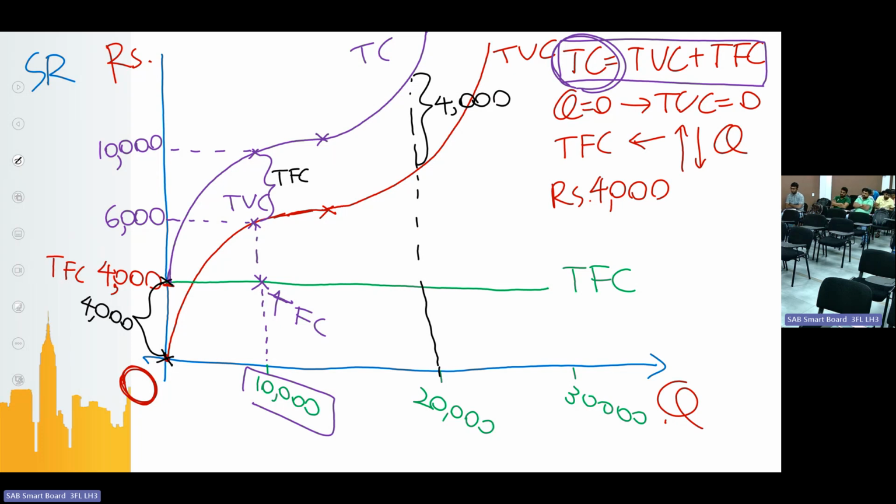Initially, it increases at a decreasing rate, and reaches this point parallel to the total variable cost. And after reaching that point, it starts to increase at an increasing rate. So this is how total fixed cost, total variable cost, and total cost behave in the short run.